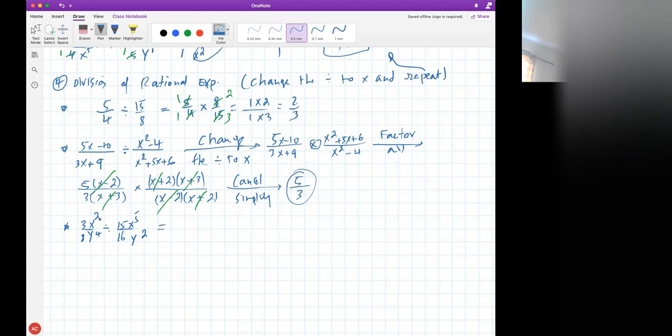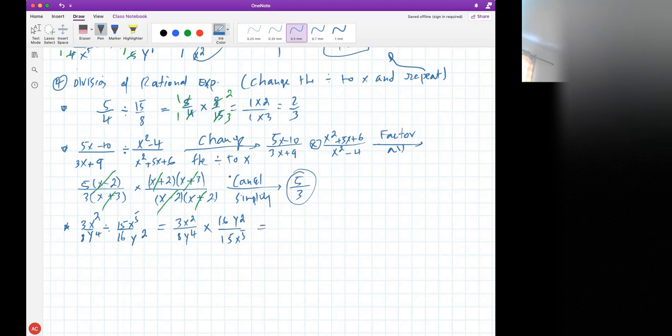So again, first thing, I need to flip this, make it into a multiplication. So 3x. Before simplifying, before doing anything, make your division into a multiplication. So the division turns into a multiplication. Flip the second one. Only the second one flips. And the rest is basically simplifying.